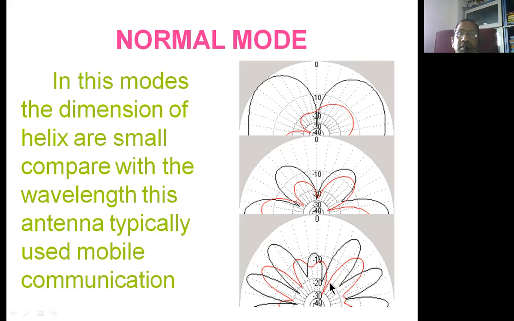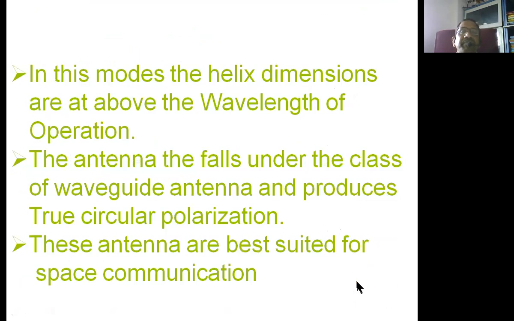This normal mode helical antenna radiates over 180 degrees, and practically the radiation pattern is not identical to the ideal one. The radiation gets scattered, and the directivity is not very good in the normal mode of helical antennas. The next mode of helical antenna is the axial mode.